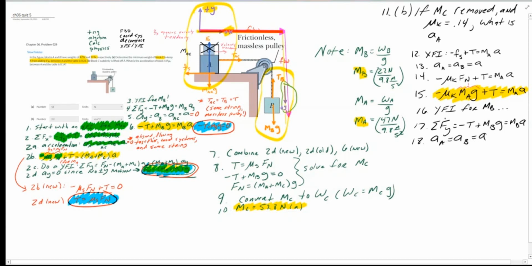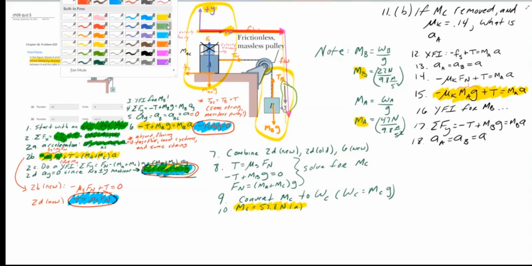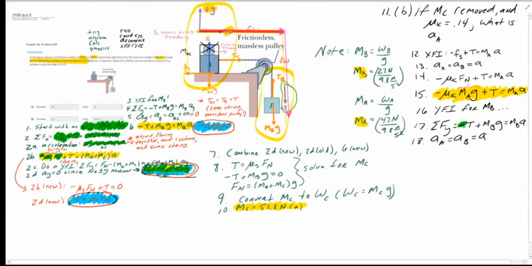All right, so I have these two equations now. This is the result of my inventory for block B. This, once again, is my inventory for block A. Let's solve for A.